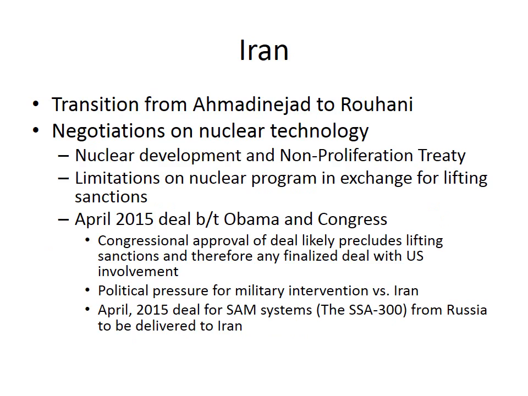Okay. And finally, on foreign policy, we have Iran. And again, this is ongoing. The agreement is due to be signed or finalized by the end of June of this year. We have the transition from Ahmadinejad to Rouhani.